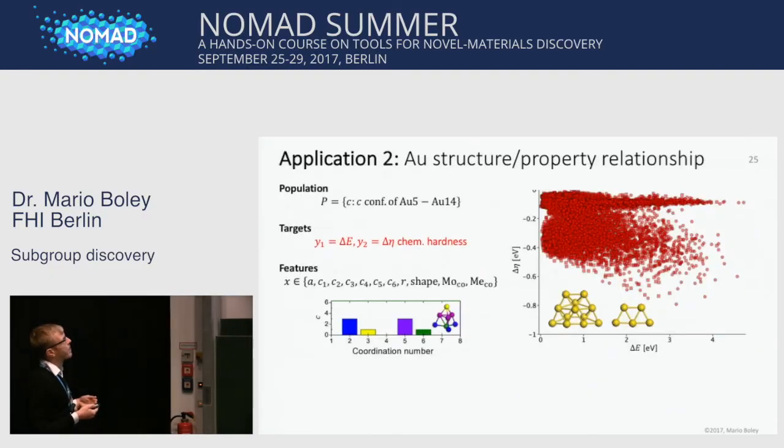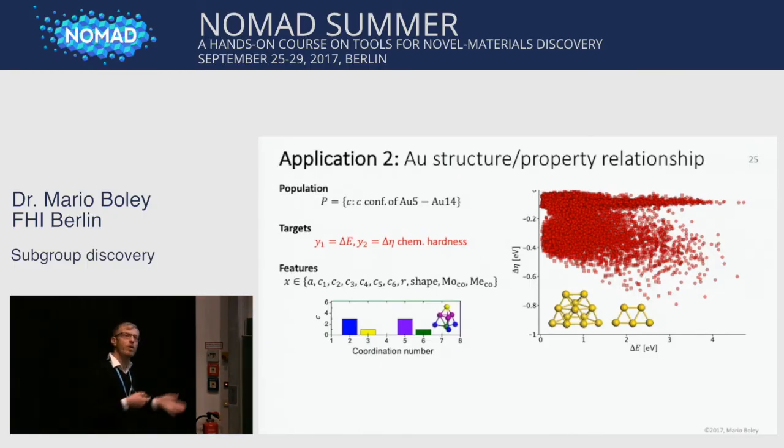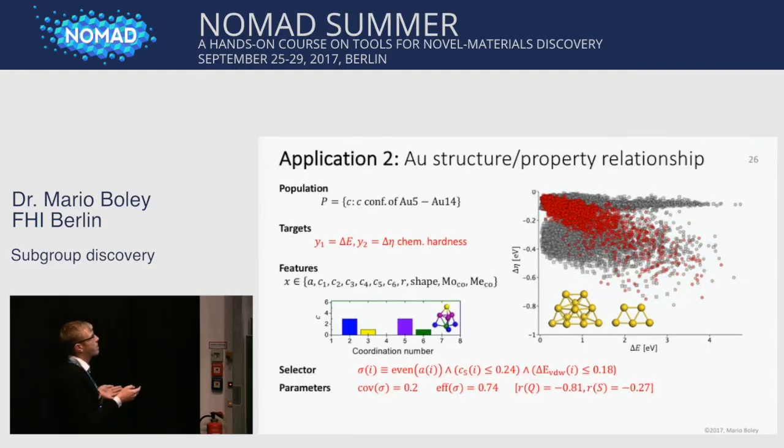And again, in the second application on the gold nanoclusters, which you can also try out afterwards, we use this to investigate the relation between the stability of the configurations and the chemical hardness. You can see the global picture is fairly indecisive, but with subgroup discovery you can identify the subgroup of gold clusters with an even number of atoms, again with some feature on the coordination histogram, and with a low van der Waals energy.